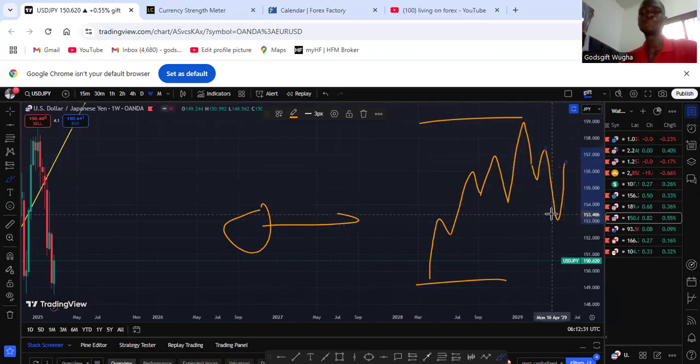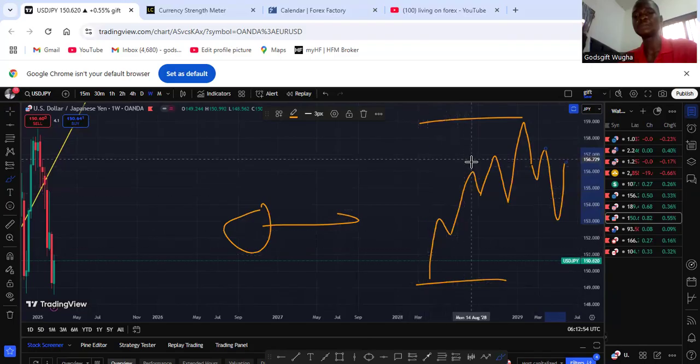Now, when you see this pattern, guys, that should tell you that something is happening. The rubber band keeps dragging this young man back, and he is not making any new effort. He's not breaking any new records. From the beginning, the trend was healthy. Look at how he's running.